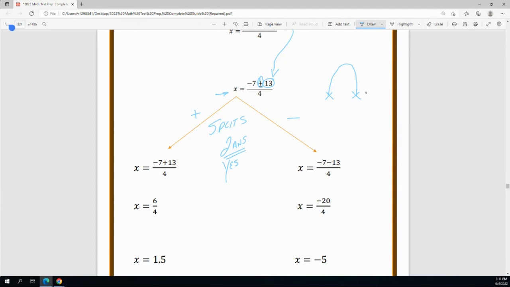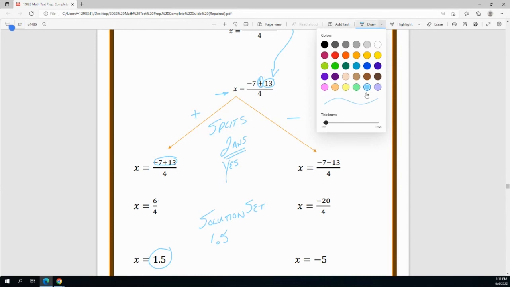So in one math problem, I write negative 7 plus 13 divided by 4. Negative 7 plus 13 is 6. 6 divided by 4 is 1.5. So one of my solutions, my solution set, one answer is 1.5.